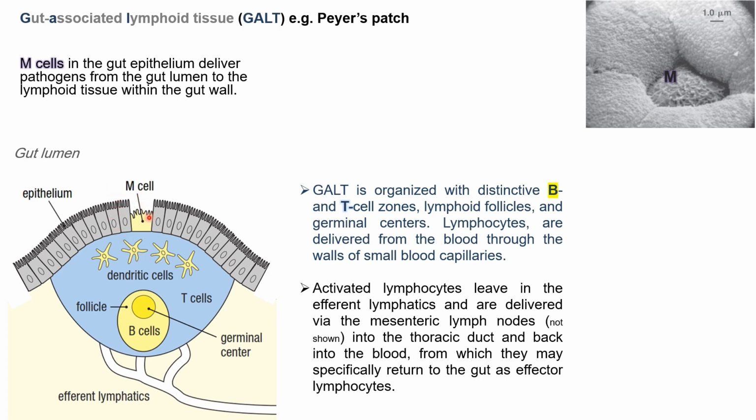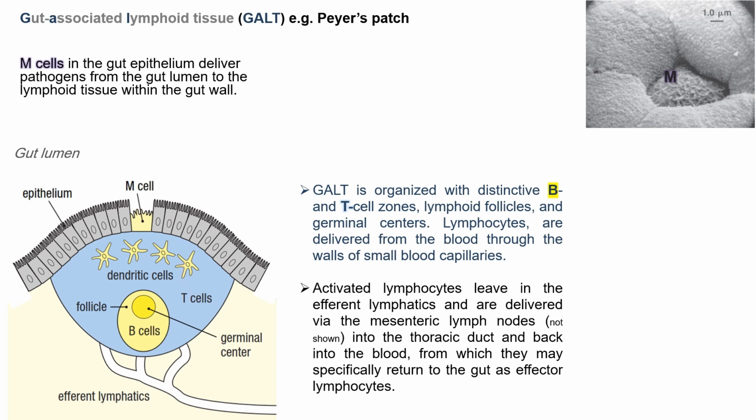And the M cell has this also unusual property of being able to trap antigens and process them and present them to the lymphoid tissue here. So this means we can have a very immediate and quick sampling of what's present here, and that can be associated directly and straight away with presentation to T cells.